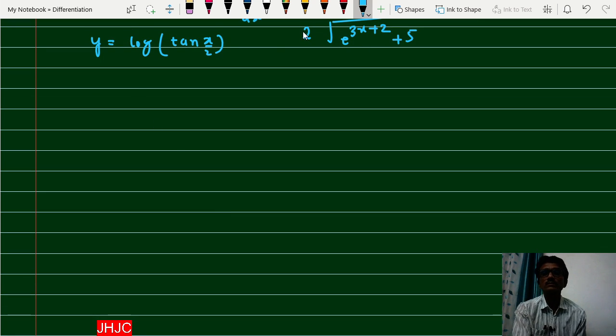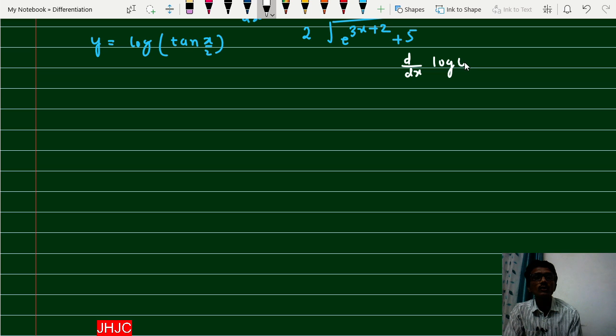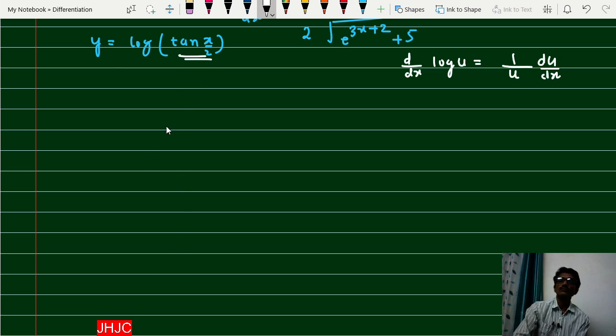So keep in mind the derivative of log fx formula. Here derivative of log fx or log u is 1 upon u into du by dx. What is our u here? Tan of x by 2.